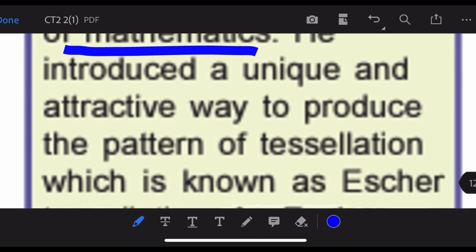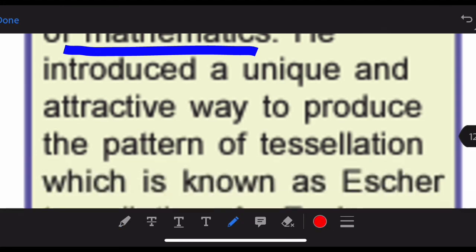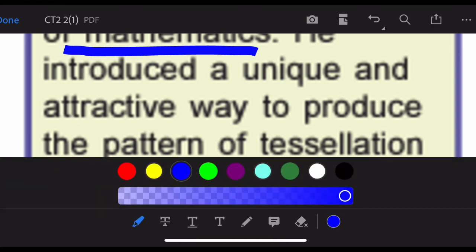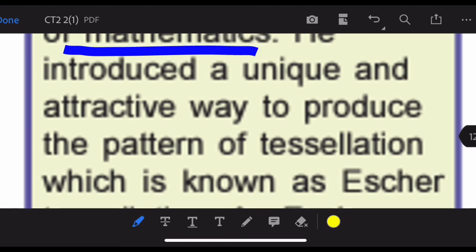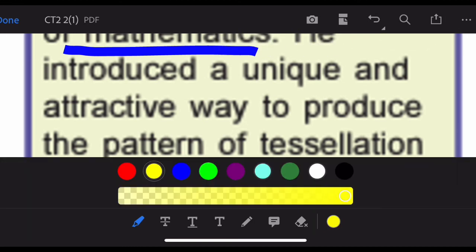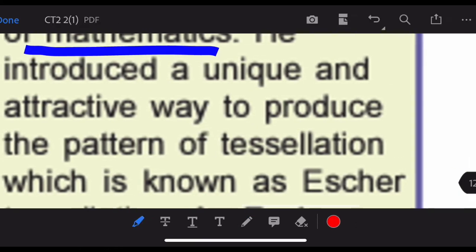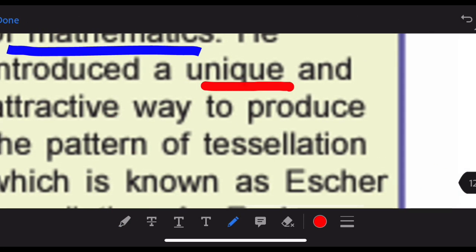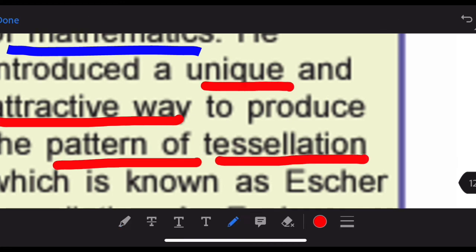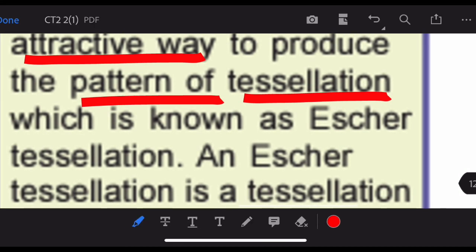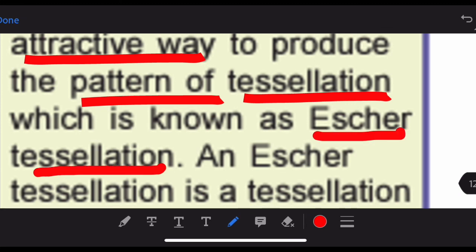He introduced a unique and attractive way. So mathematics is so wonderful. A unique and attractive way to produce a pattern of tessellation, which is known as Escher tessellation.